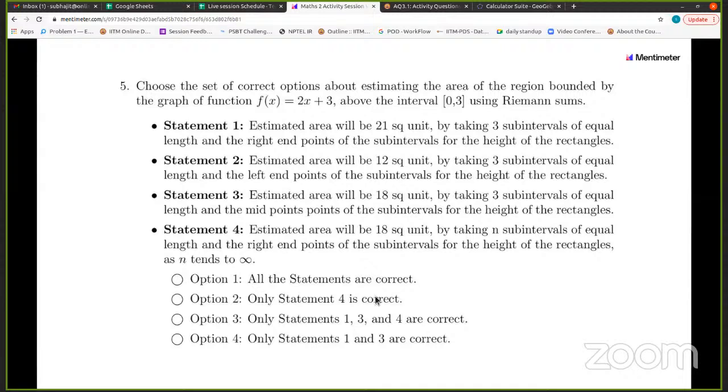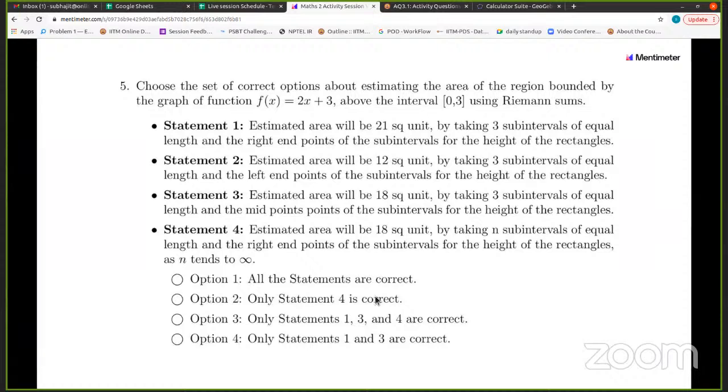I am taking the right endpoints of the subinterval for the height of the rectangle, and we calculate the area of that. Similarly, by taking 3 subintervals, I am taking the left endpoint for the second statement and the midpoint for the third statement. And the fourth one, I am dividing this 0 to 3 into n subintervals, taking the right endpoint, and then taking n tending to infinity. What will be the area?